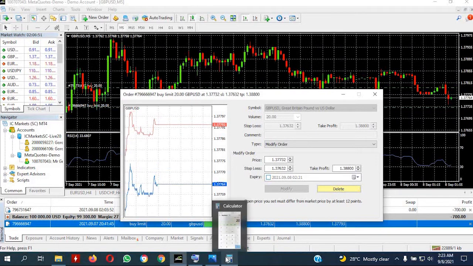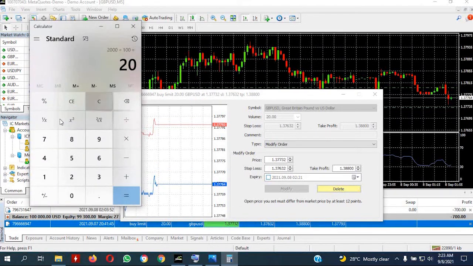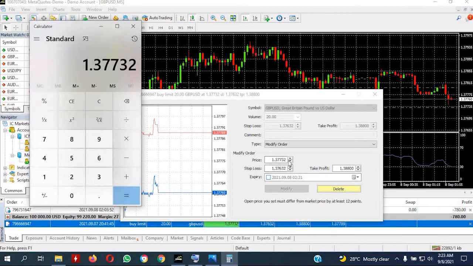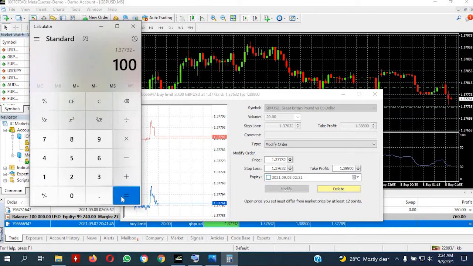So to calculate the 100 pip risk, what I'll do is put this figure in the calculator, 1.37732, which is the price that I bought the currency for. So all I would do is minus 100 from the 732. No, that's not right.